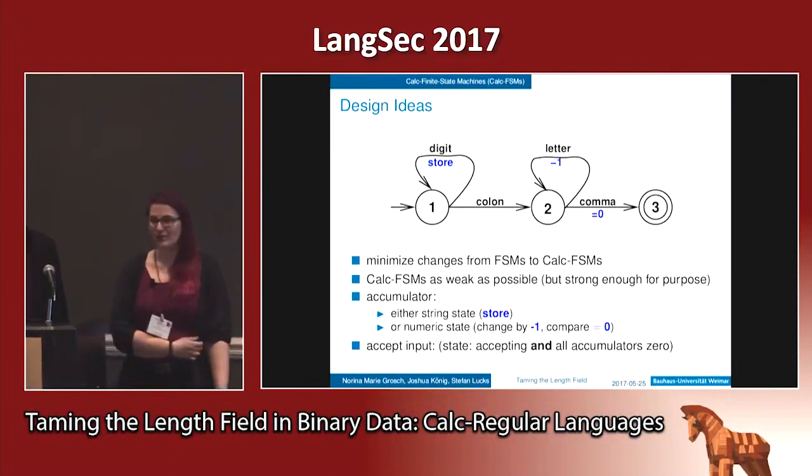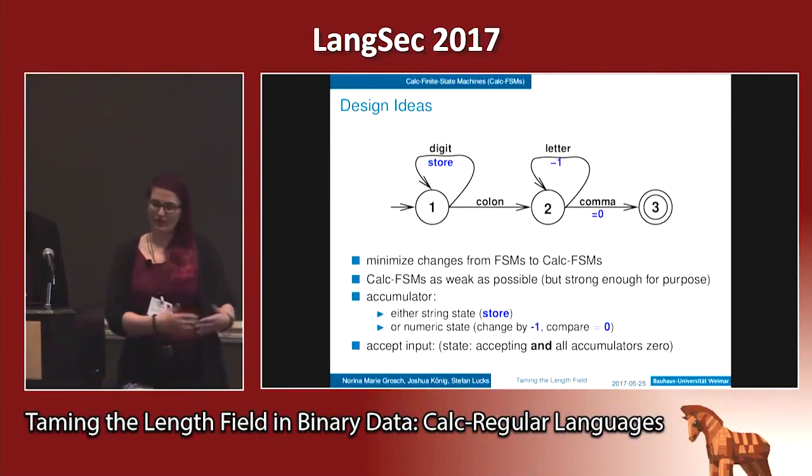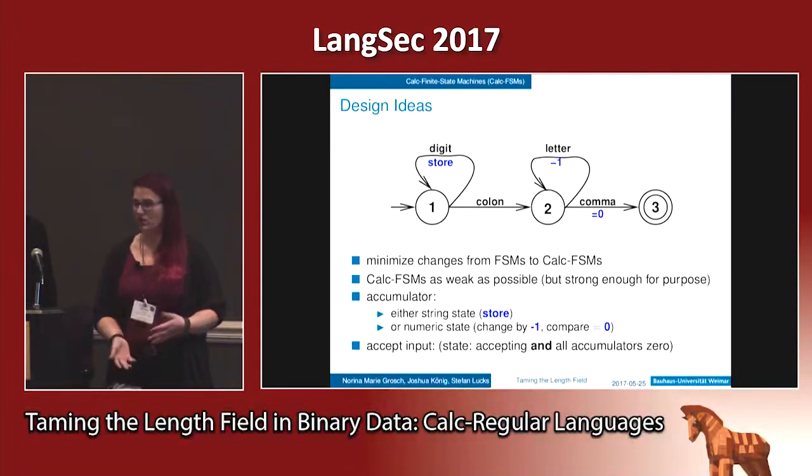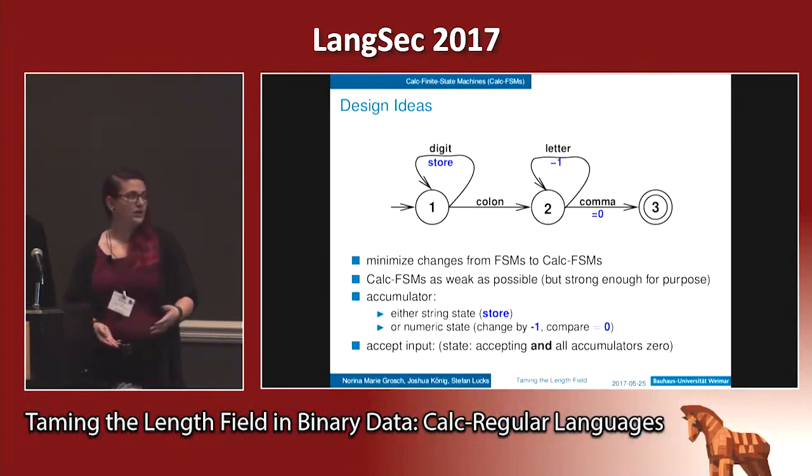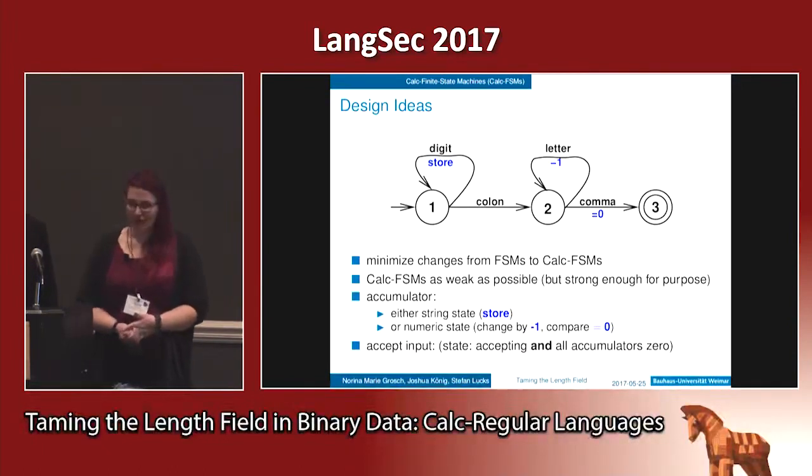So we tried to minimize the changes from FSMs to Calc FSMs, as we also did with regular and Calc regular expressions. So they're not very strong, but strong enough to parse most length prefix languages. And a little more detail on the accumulator. It has two states it can be in.